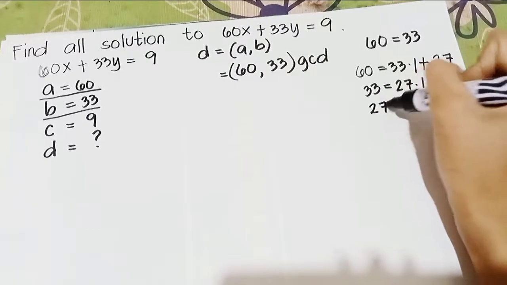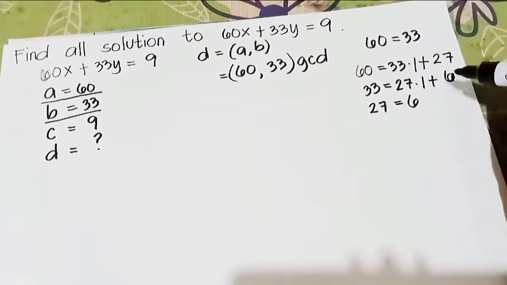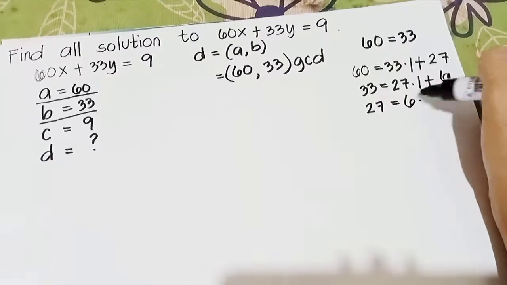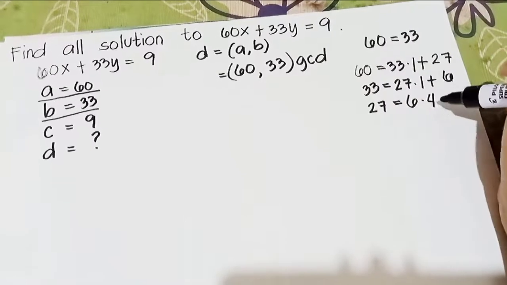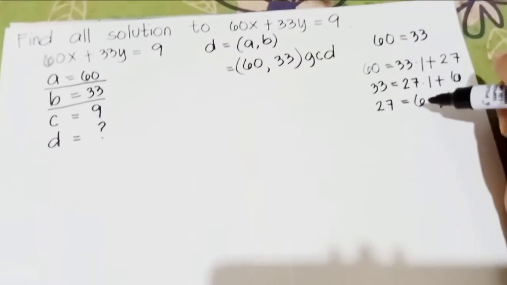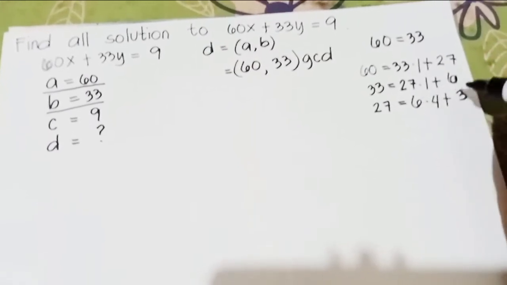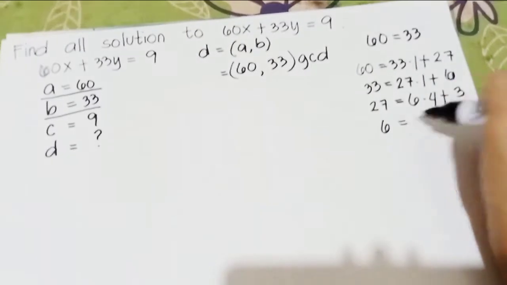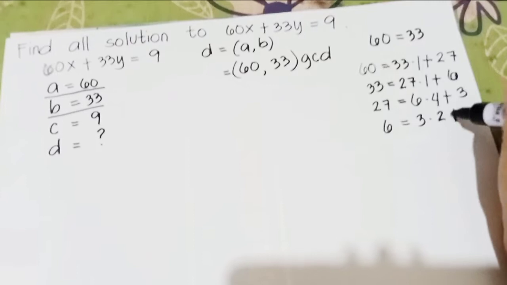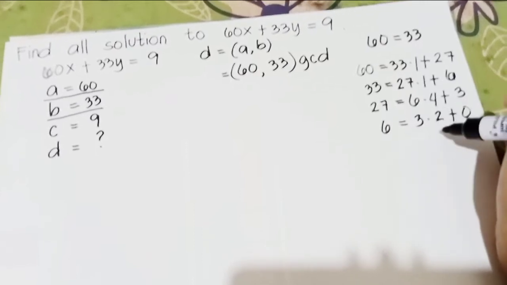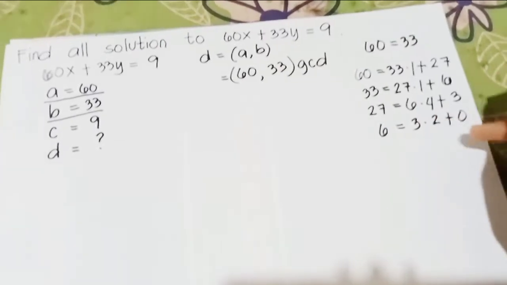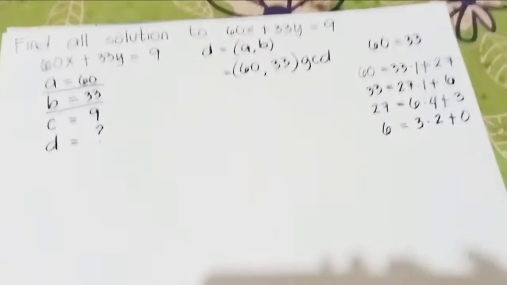To continue the process, 27 divided by 6 is 4, and 6 times 4 is 24. 27 minus 24 is 3. Then 6 divided by 3 is 2, and 3 times 2 is 6, and 6 minus 6 is 0.